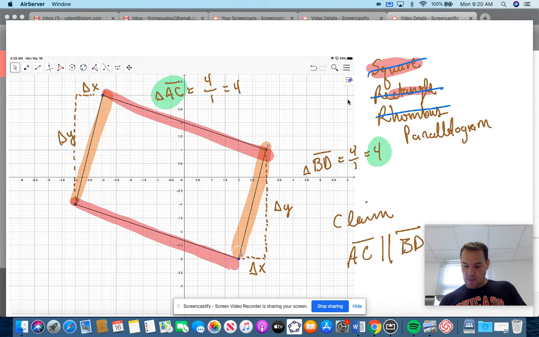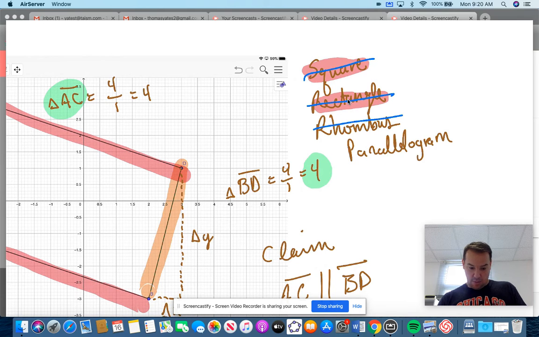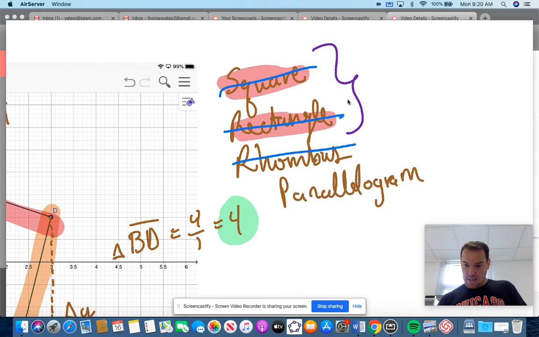What evidence do I have that it's not a rectangle? I hope you guys are already answering that question right away. What do you think the evidence is that it's not those two? I'll let you just think. What evidence do I have that it's not those two? And I hope this symbol came to mind. I don't have perpendicular sides.